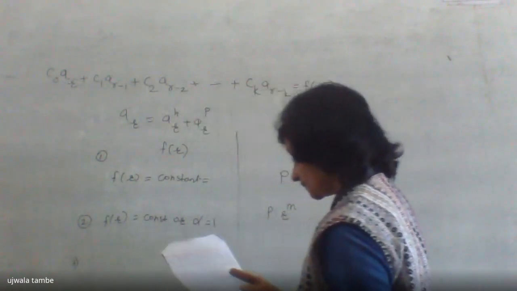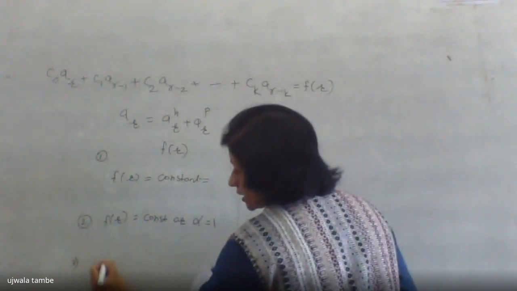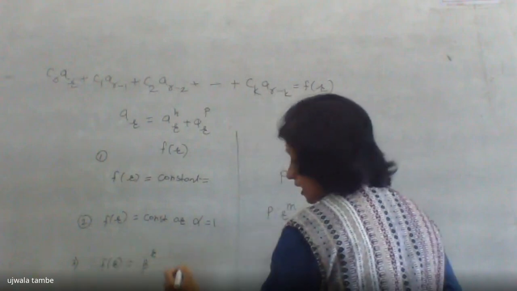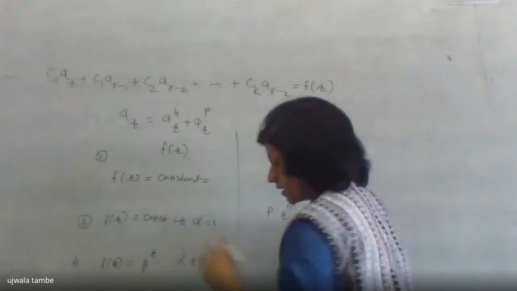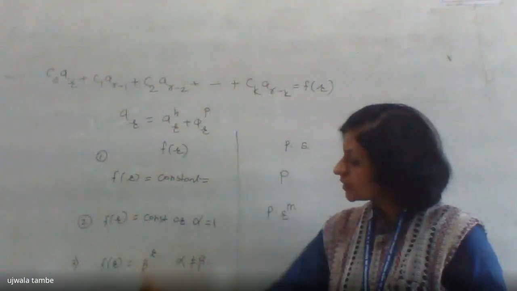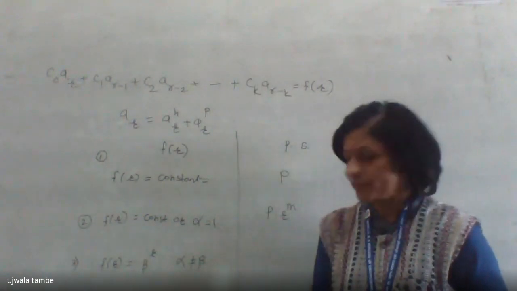Third case is, if f of r is beta to the power r and alpha is not equal to beta. Alpha means the root of the characteristic equation and beta means the base in f of r.